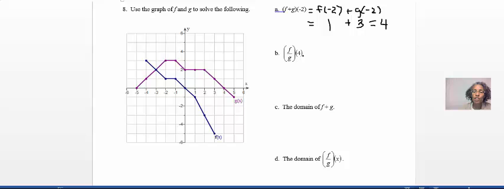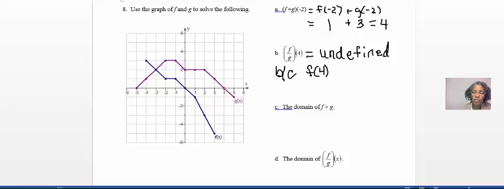We want to do f over g of 4. So let's go to 4, and we see that f is undefined at 4, and g is 0 at 4. So this whole thing is undefined for 2 reasons. Because f of 4 is undefined.